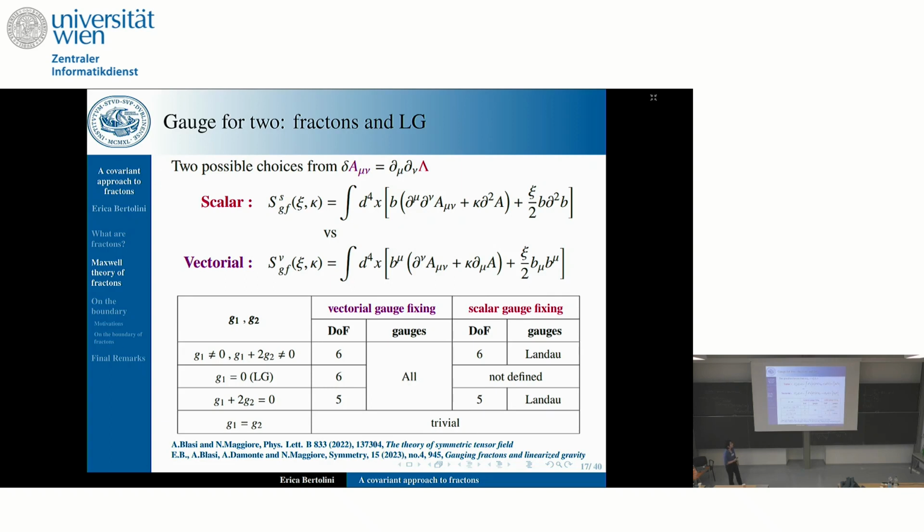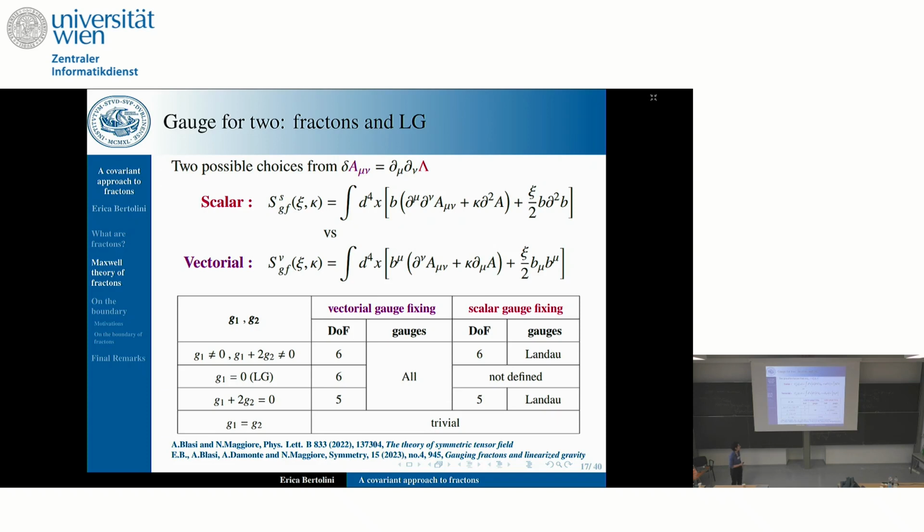Looking at the right-hand side of the transformation, we have a scalar gauge parameter, so we need a scalar gauge fixing, but also thinking about linearized gravity, so looking at the left-hand side of this transformation, why not consider a vectorial gauge fixing? We are talking about 4 conditions rather than 1 condition, so 4 is bigger than 1, and so are the results different?